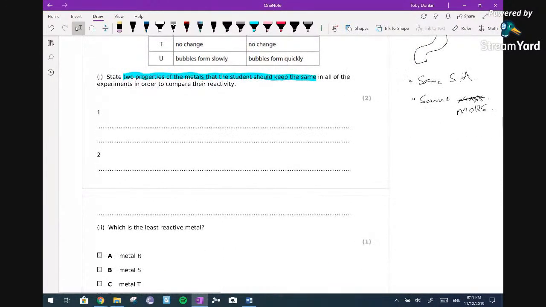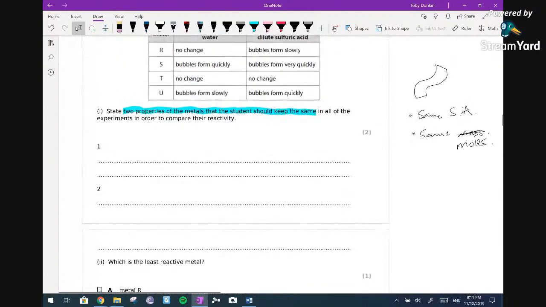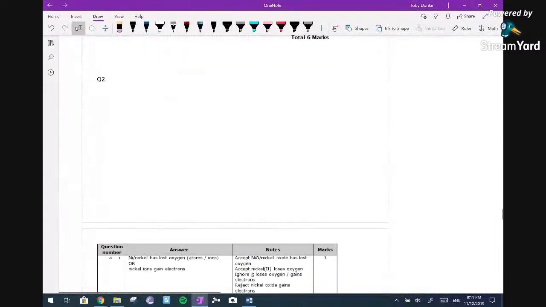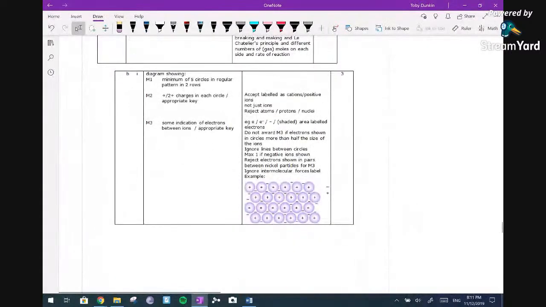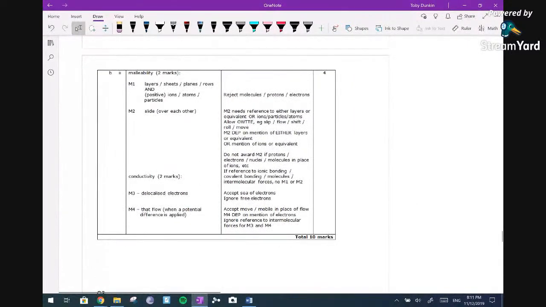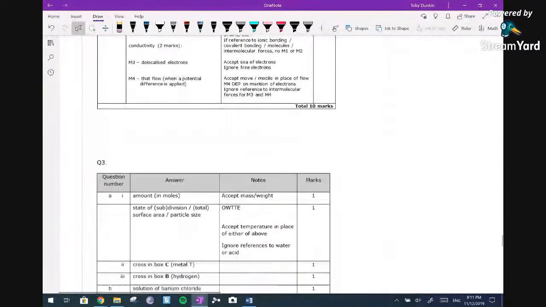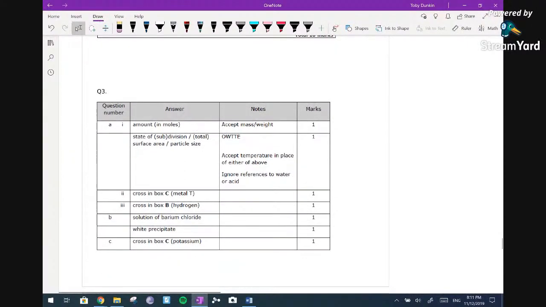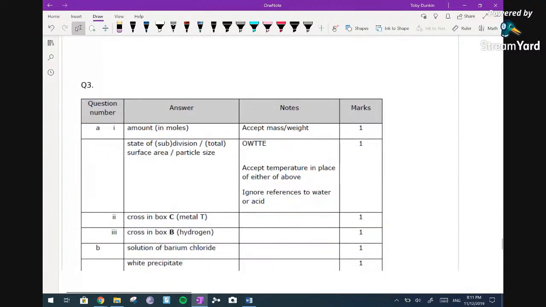We'll look at that answer on the mark scheme in a minute. In fact, I think we ought to look at that immediately. Surface area and same moles. I think they'd probably allow mass. But let's check the mark scheme immediately for that one. There we go. Keep the same. Amount in moles.